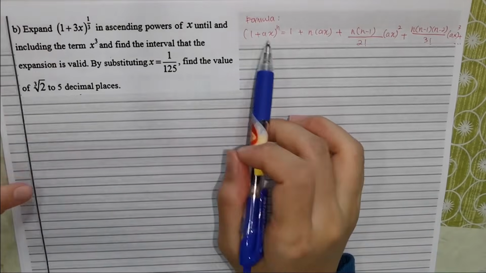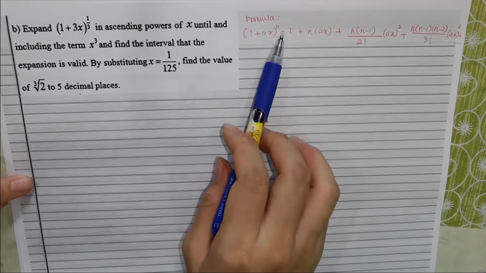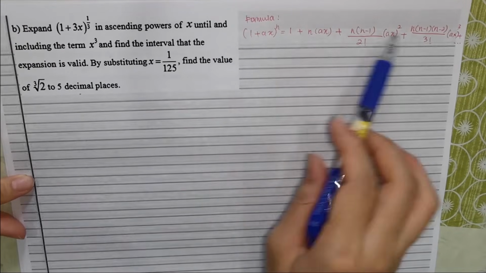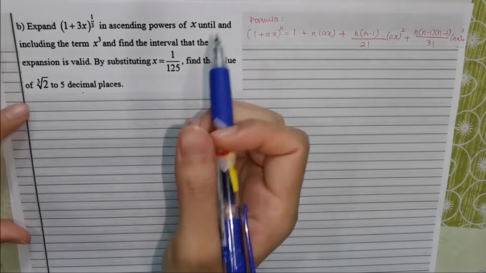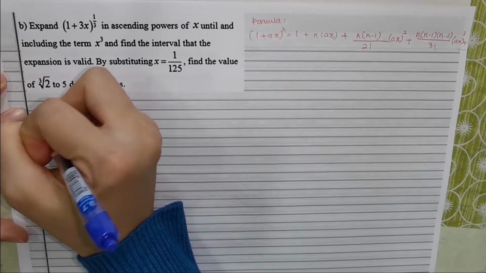And then with x being 3x and n being 1/3, we just have to substitute, and you will get the expansion.